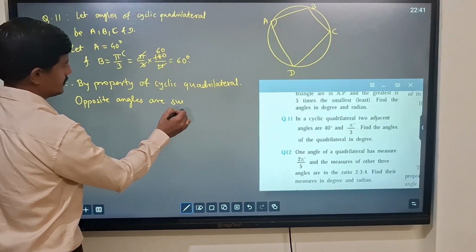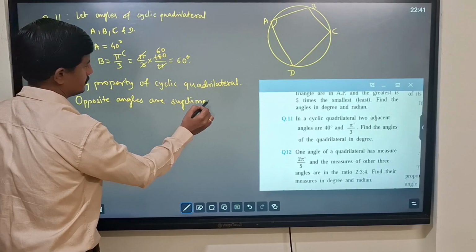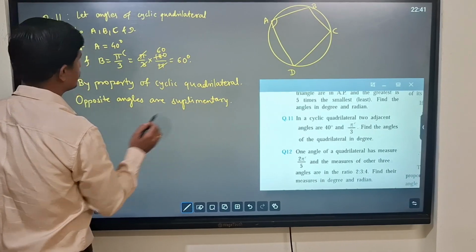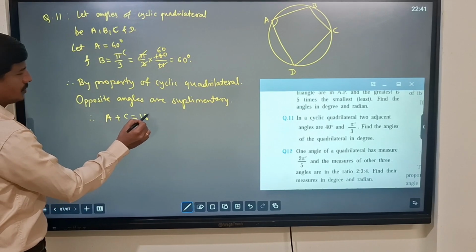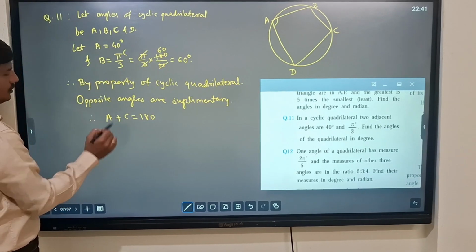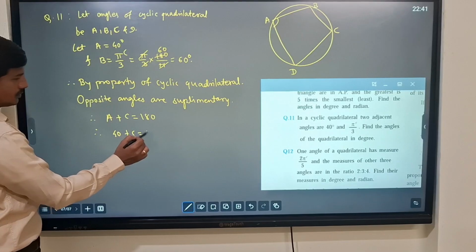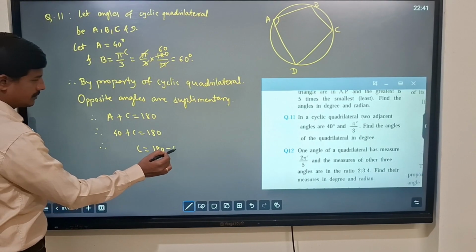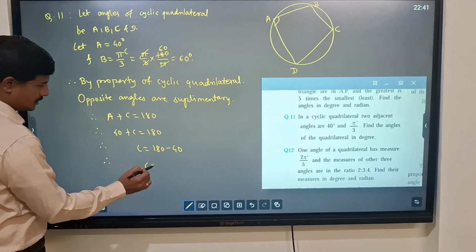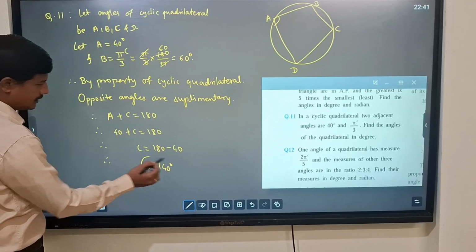Therefore A plus C is equal to 180. Therefore, the value of A is 40 degree plus C is equal to 180. Therefore, C is equal to 180 minus 40. Therefore, C is equal to 140 degree.